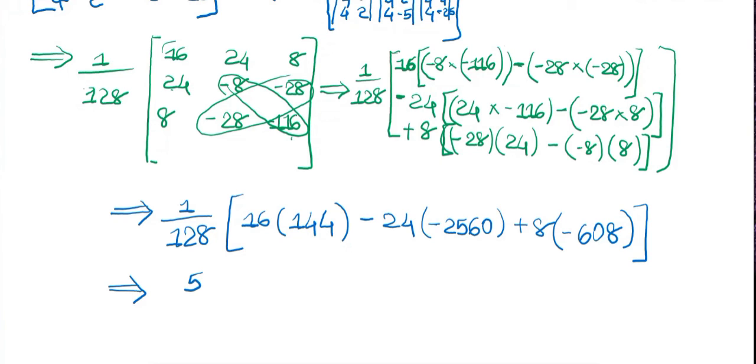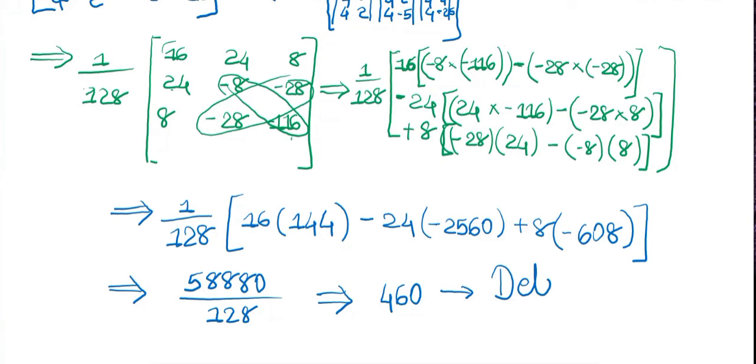On further solving, we'll get 58880. That is 58880 divided by 128. So the answer comes out to be 460, which is the determinant of the given 5 cross 5 matrix.